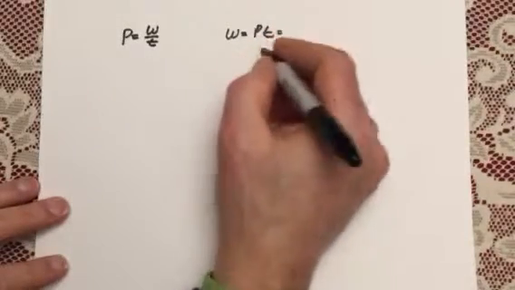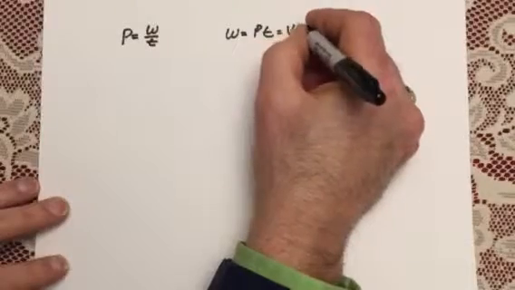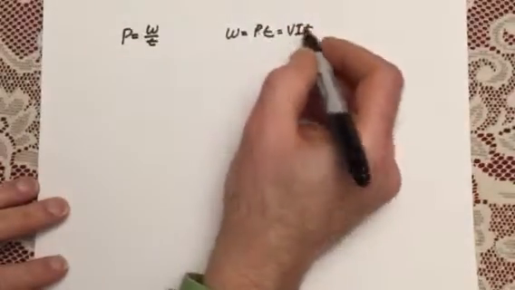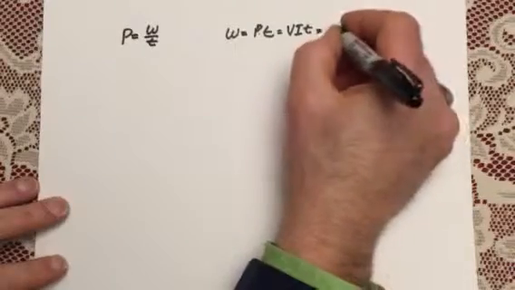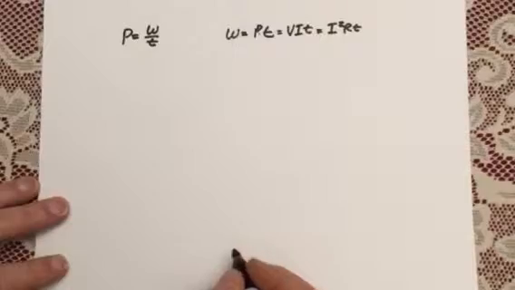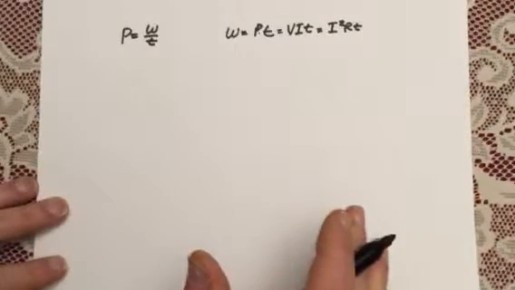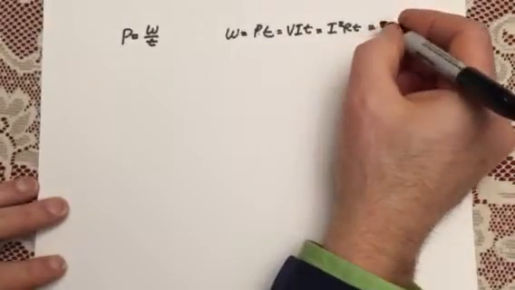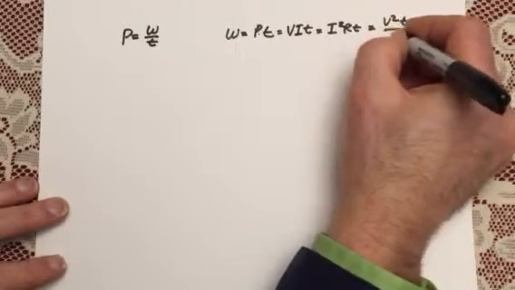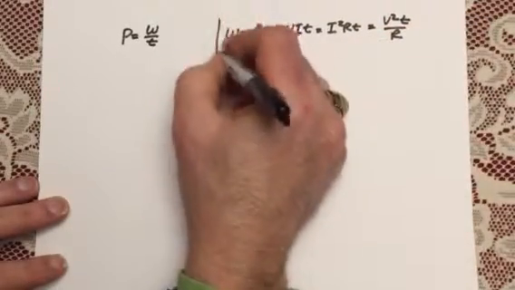I happen to know that energy is my potential difference times my current times my time, because P equals VI. Or I could put in I squared R times T. I'm just substituting in the relationship we had before. Or I can put it in here, V squared T over R.